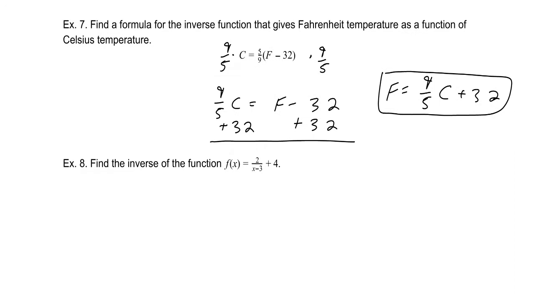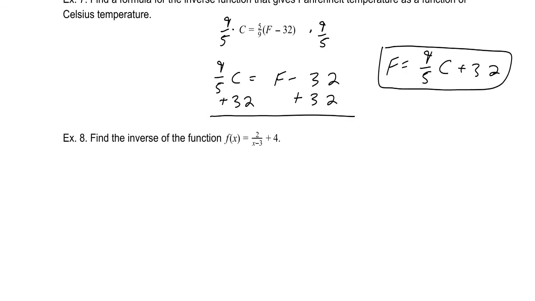Now, next we want to find the inverse of this function. f of x equals 2 over x minus 3, plus 4. This one will take a little bit more work. All right, so how I'm going to do this is to rewrite f of x as y. y equals 2 over x minus 3 plus 4.